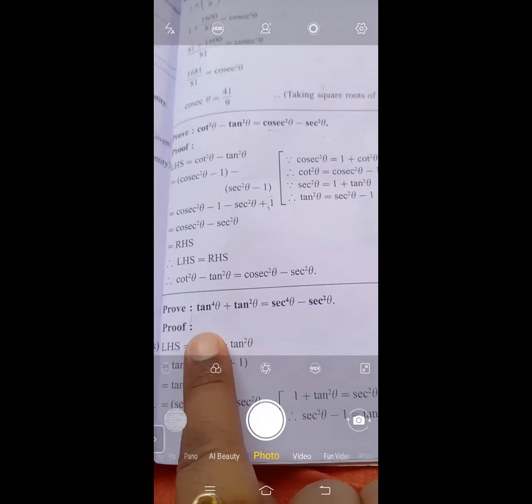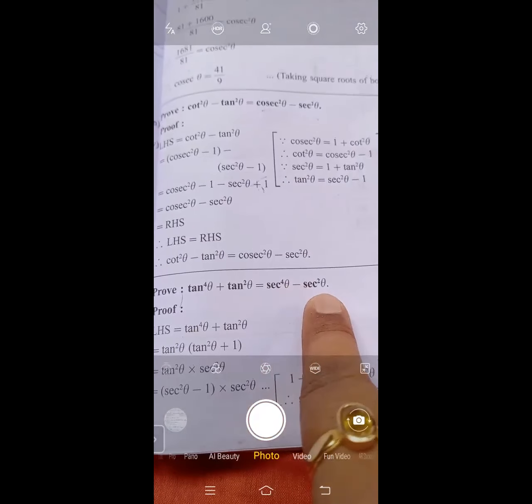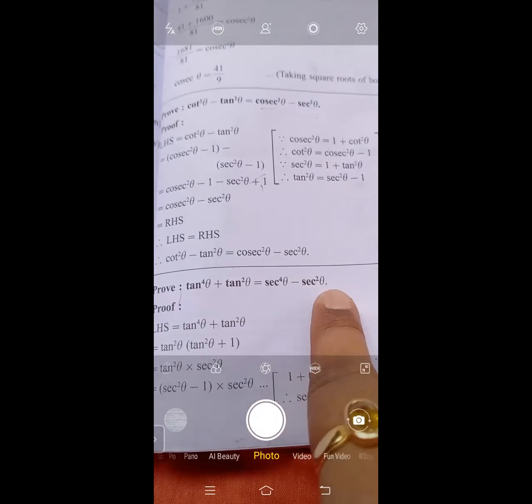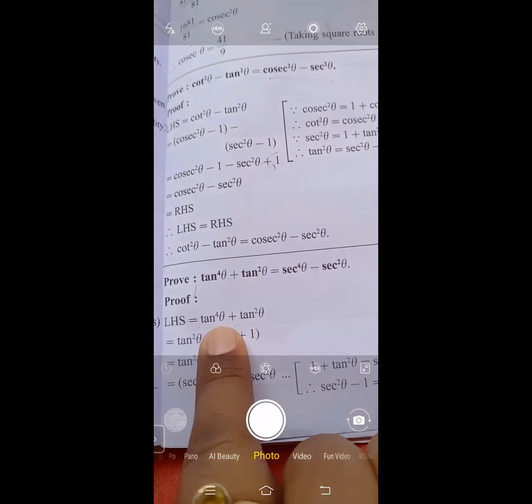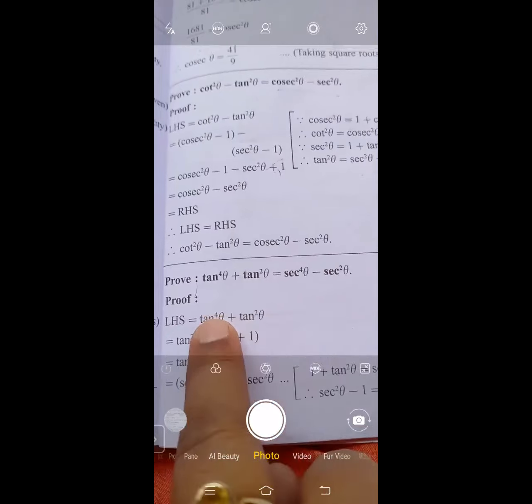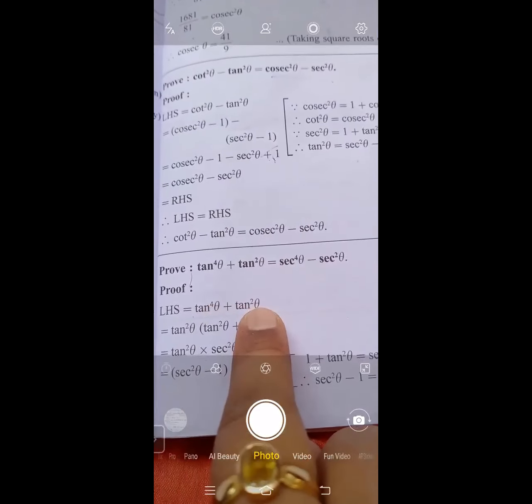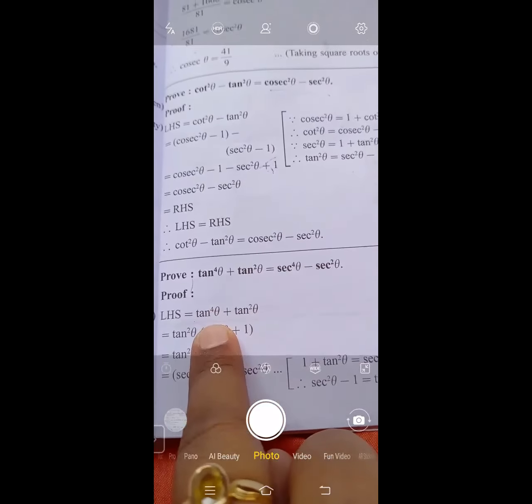Next one is tan raised to 4 theta plus tan square theta equals sec 4 theta minus sec square theta. So LHS is tan raised to 4 theta plus tan square theta. As you can see, both the terms are the same, only the index numbers are different. One has 4 and one has square.